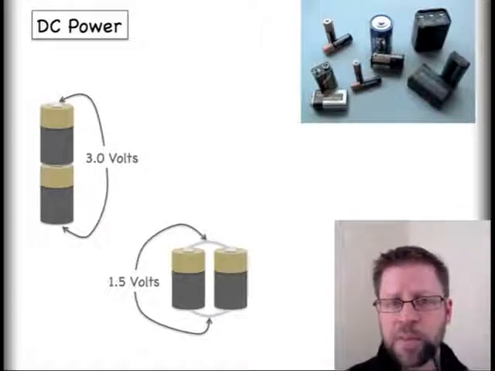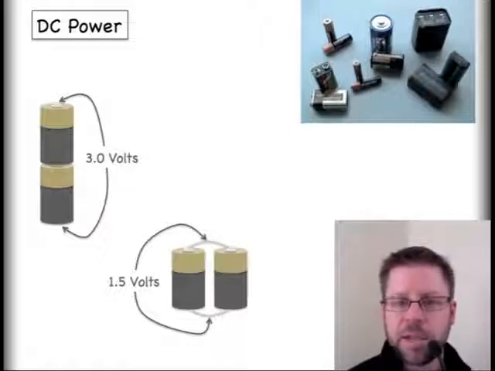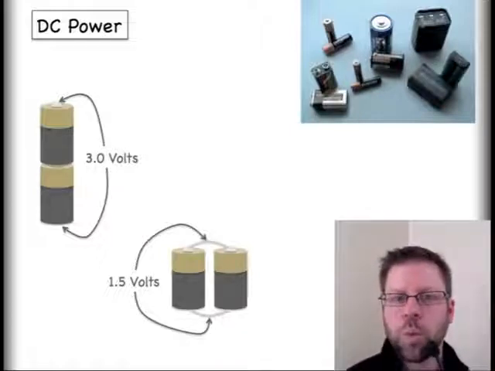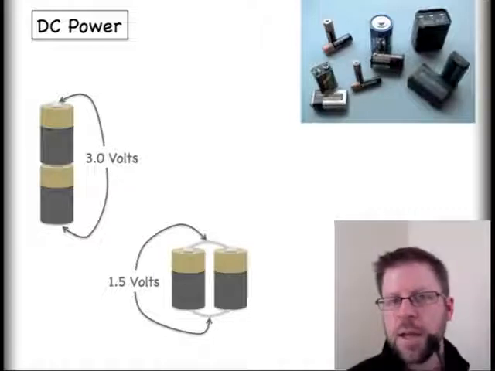So in this case my voltage added and I was able to get 3 volts out of this system. The advantage here is that I might be able to drive a motor that needs 3 volts. Maybe it wouldn't work on 1.5 volts.